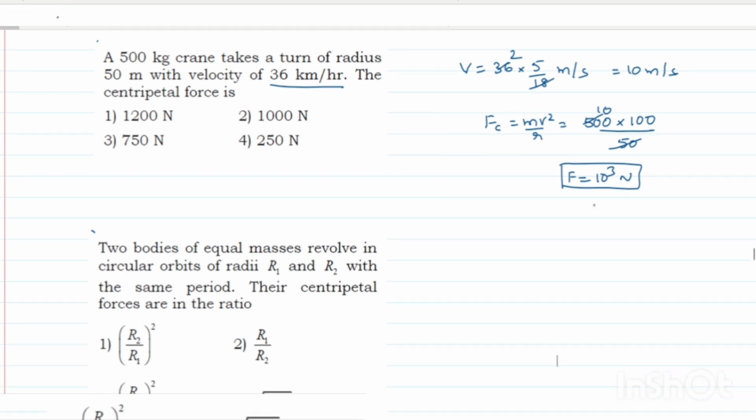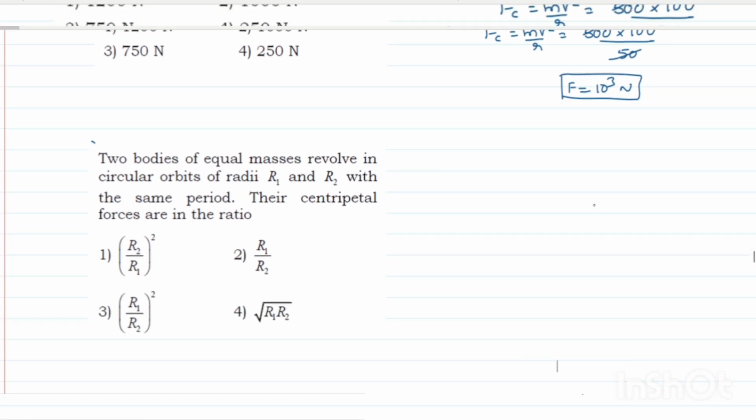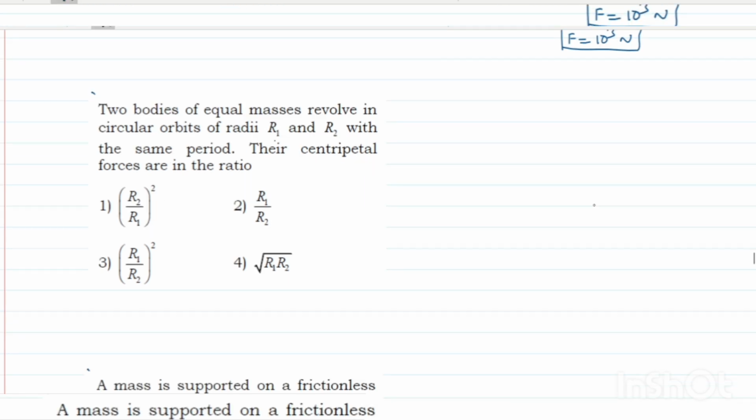Two bodies of equal masses are revolving in circular orbits of radii r1 and r2, with the same time period. Then the centripetal forces are in the ratio. So you have to bring the centripetal force in terms of the time period, students. This is m r omega square, so m into r into omega, where omega is 2 pi by T in terms of time period.